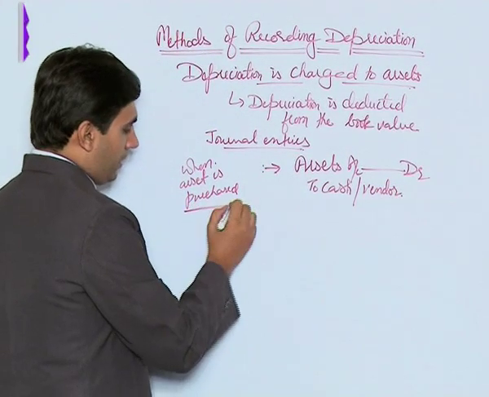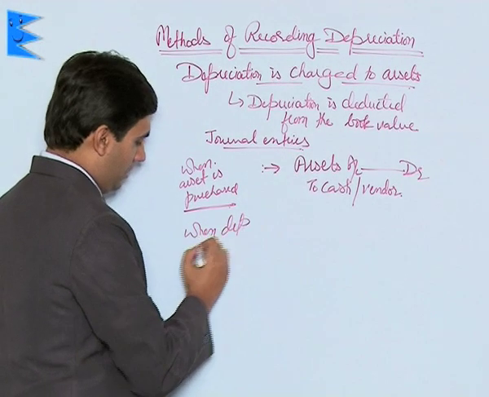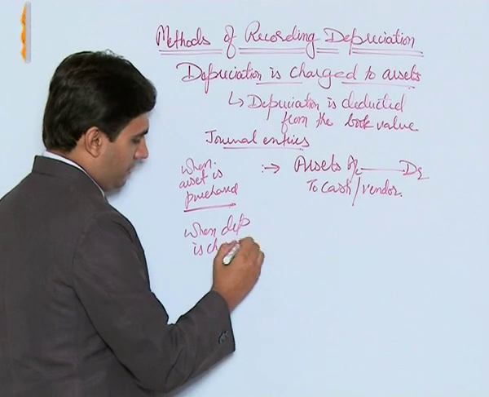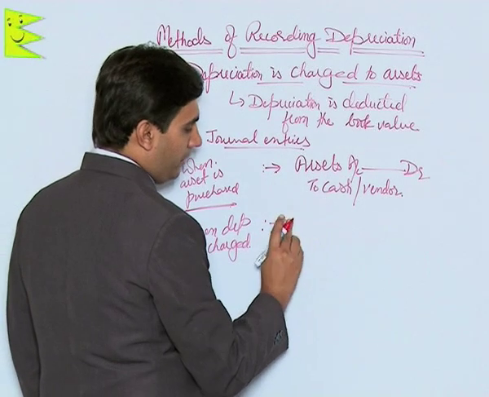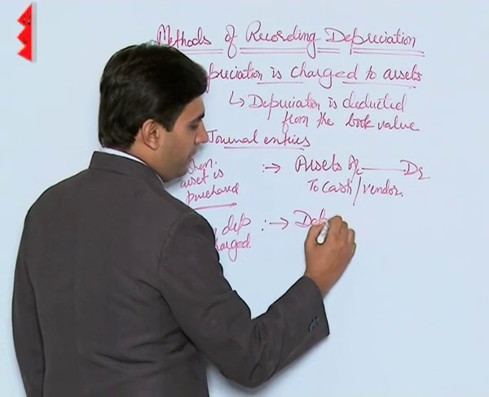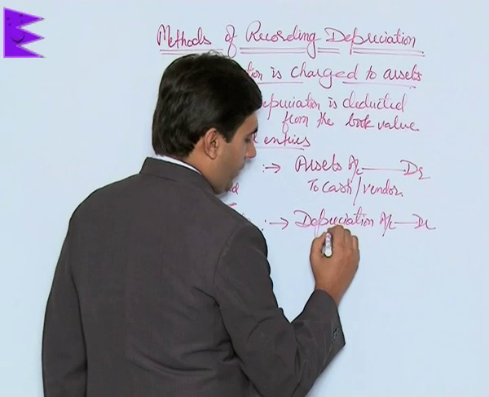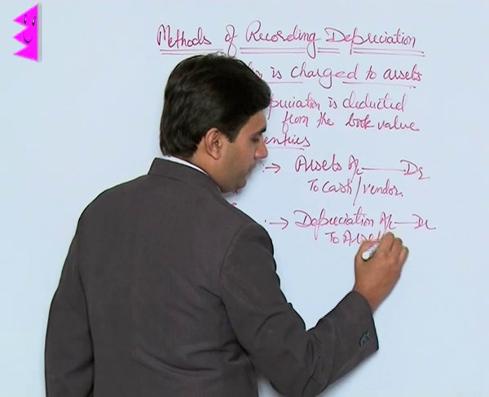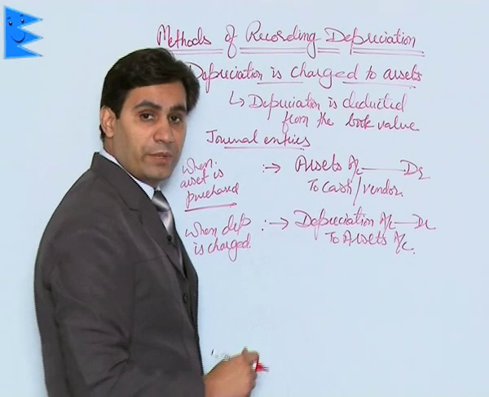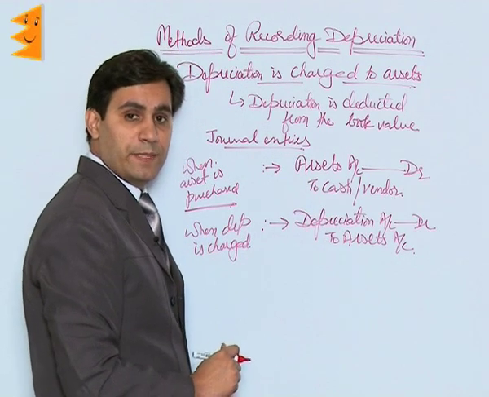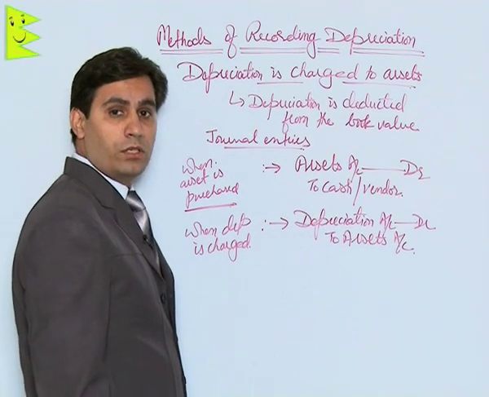Then when depreciation is charged, in this case the entry would be depreciation account debited to assets account. Now students, the rules are same as we had done earlier. Depreciation is a nominal account. The rule for nominal account is debit all expenses. So depreciation is being debited, whereas there is a reduction in assets, that is credit what goes out.